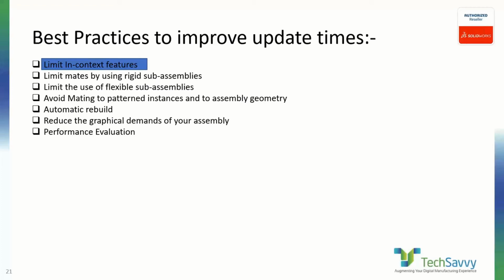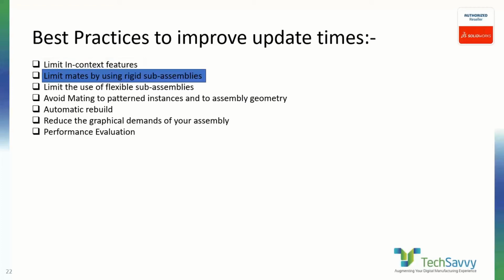Any model change will result in updating 300 features, 30 times 10, and that doesn't include solving mates. So, as per my suggestion, where possible, use top down or bottom up assembly, so it's not created with in context features. So it's easy to rebuild and easy to update your assembly.